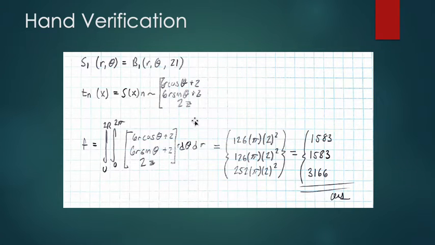And then we wanted to find the total force acting on the surface, which is this equation here, the double integral of the traction field times r d theta dr. And that ends up being 126 pi 2 squared, which is equal to 1583 in the x1, 1583 in the x2, and 3166 in the x3.